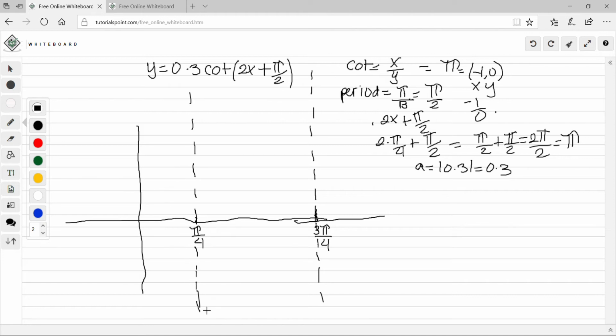Okay, so this only gives you 1 cycle, so we need 2 cycles, so we need a negative pi fourths. Put it right here. For this cycle, we need 5 points, including the asymptote.